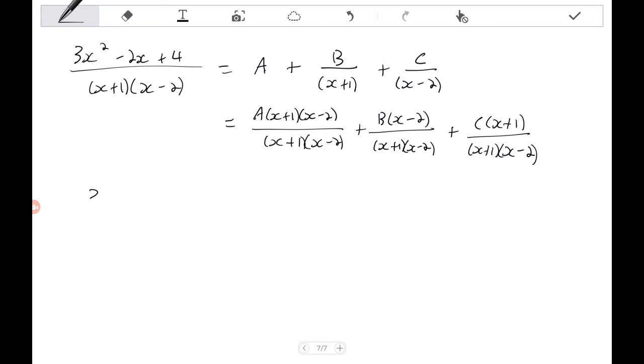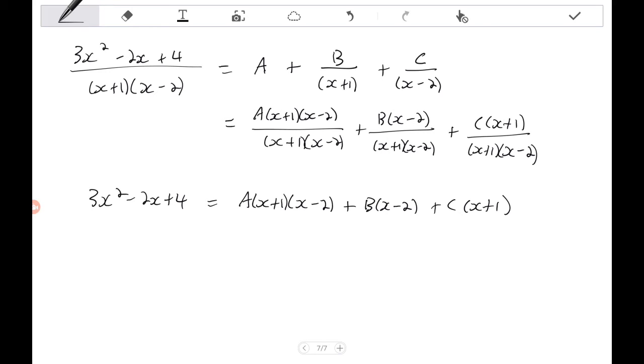And that means that we can write 3x squared minus 2x add 4 equals a bracket (x plus 1)(x minus 2), add b lots of (x minus 2), add c lots of (x plus 1).